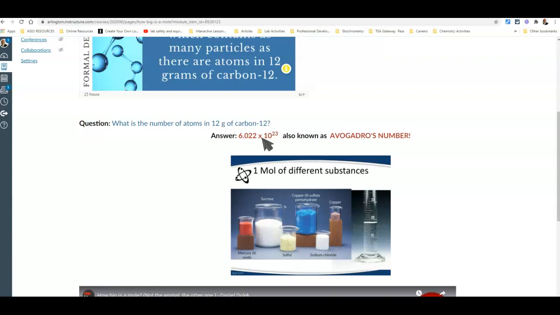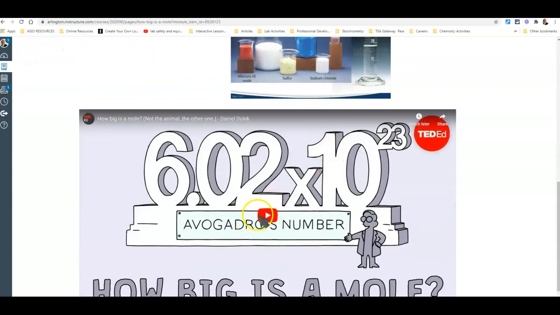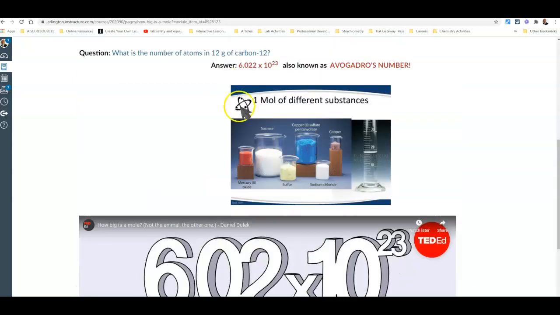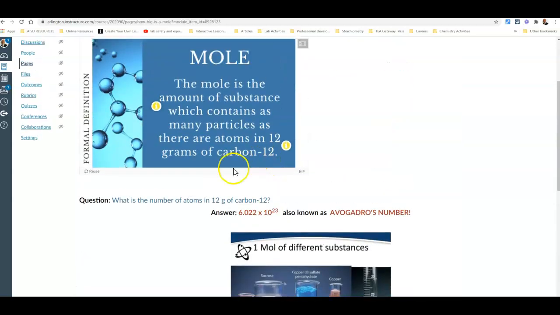That is basically what this single module is. And then this video, which is about 3 or 4 minutes, simply explains to you visually how big or how large a mole is. And that's all you have to do on this.